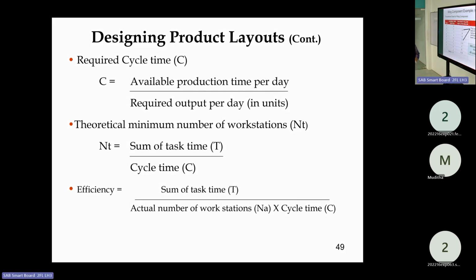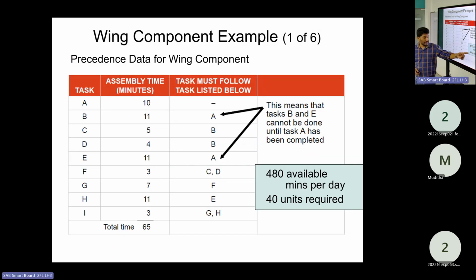It says they are expected to produce 40 components, and per day only 480 minutes are available. So calculate the required cycle time quickly.